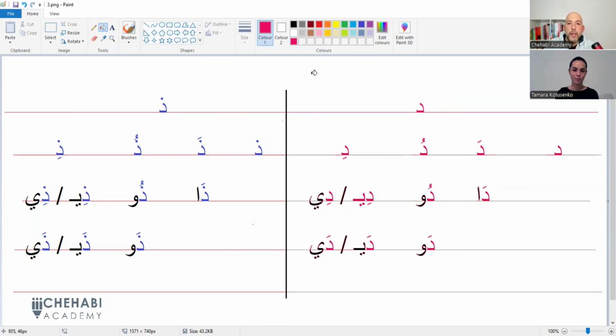So here we are going to read some syllables with dal and with thal on the left. We start on the right side. Just repeat after me. D. Da, du, di. Extremely short, exactly. And now long.